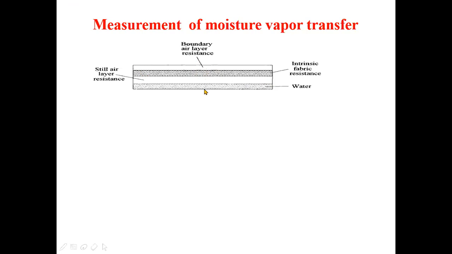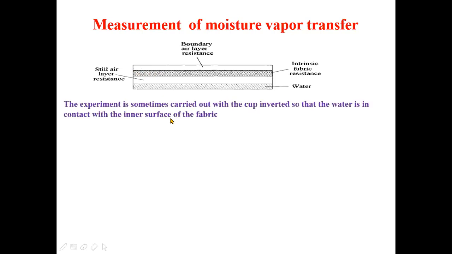One air layer is in contact with the water, another air layer is in contact with the fabric surface. The water vapor that will be continuously generated from this layer has to pass through this air, through this fabric surface, and through this stationary air layer.